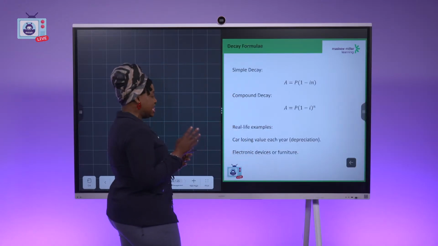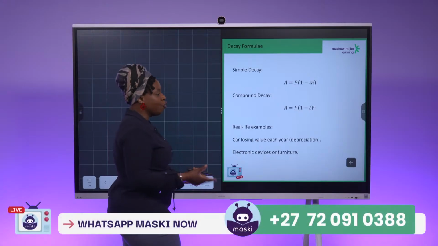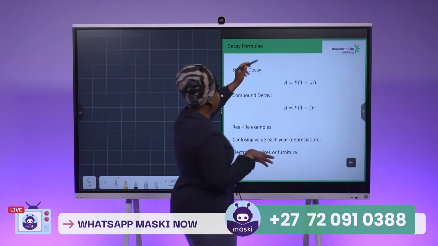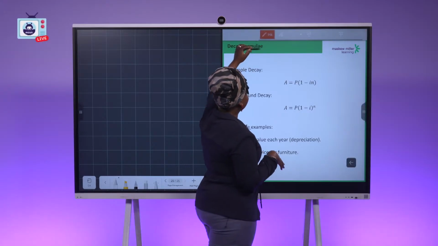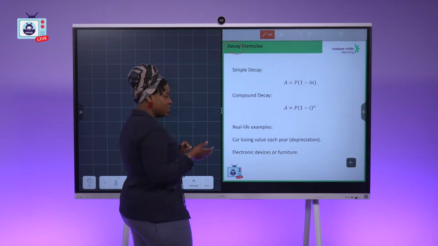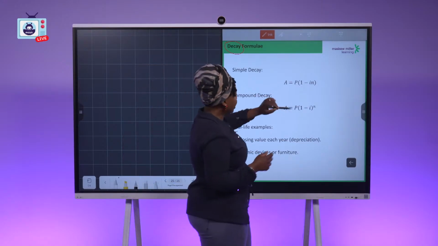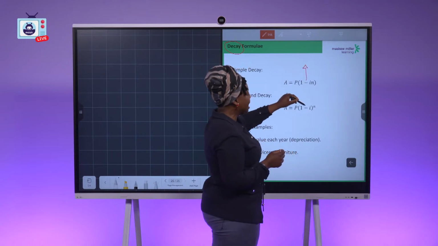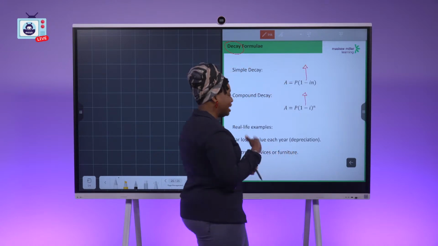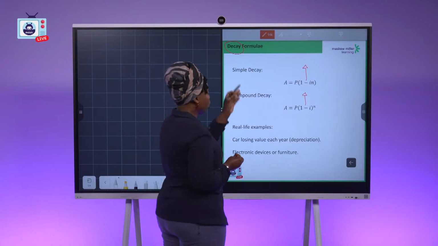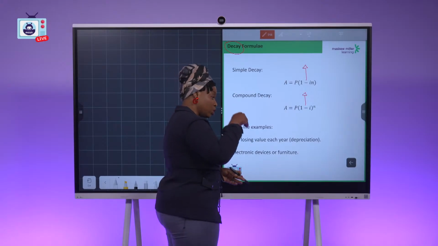And then we have another formula, which we did say is a decay. So the only difference between the one that we have done for growth and decay is just the sign, right? If you check the same formula we had, the only difference is that this one has a minus while the other one had a plus. That is the only difference, but it does make a difference, because this one simply means that it's going to decrease.